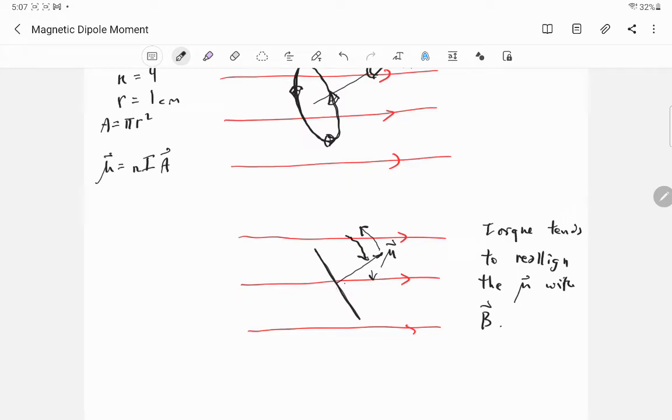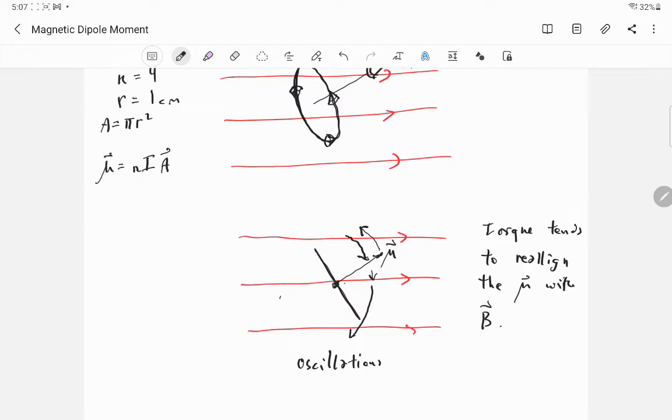And if this current loop is on a pivot so it can rotate, what it's going to do is rotate past, because it has a moment of inertia, right? It's got rotational inertia. So it just twists through the equilibrium to the other side, and it'll twist back and forth. So you can set up oscillations, right?